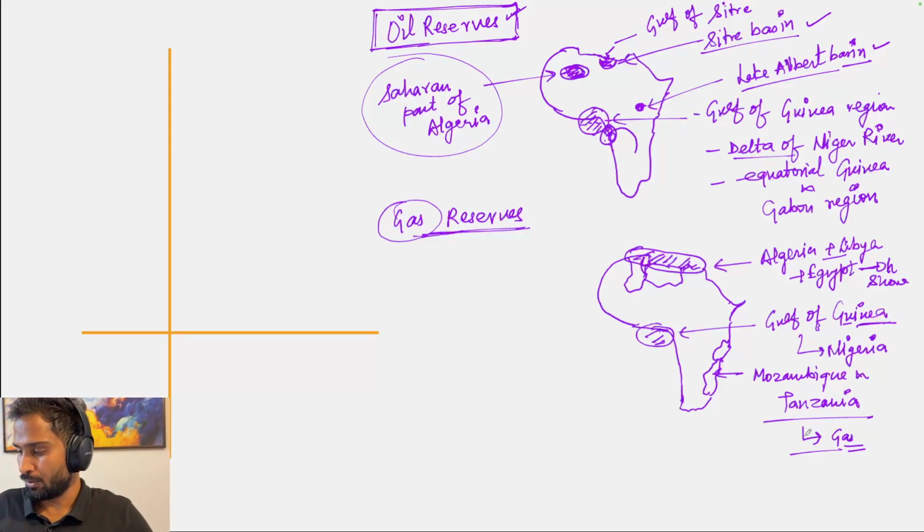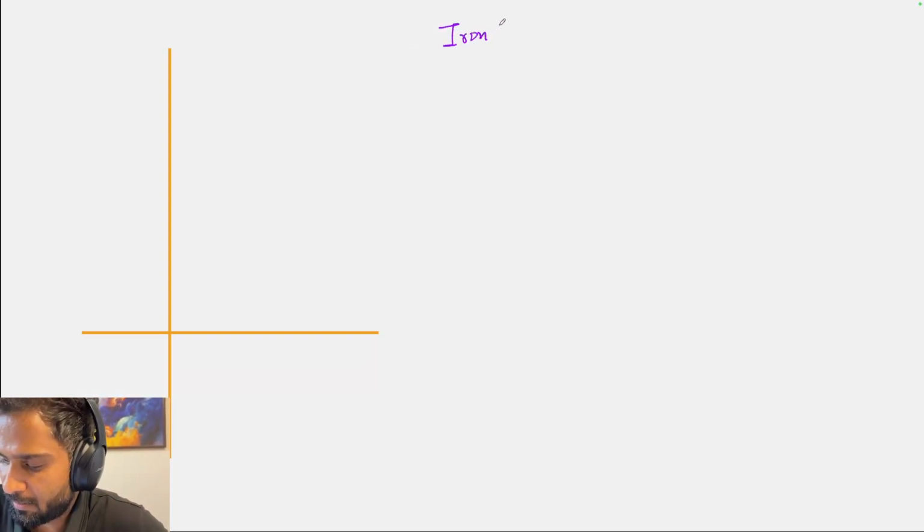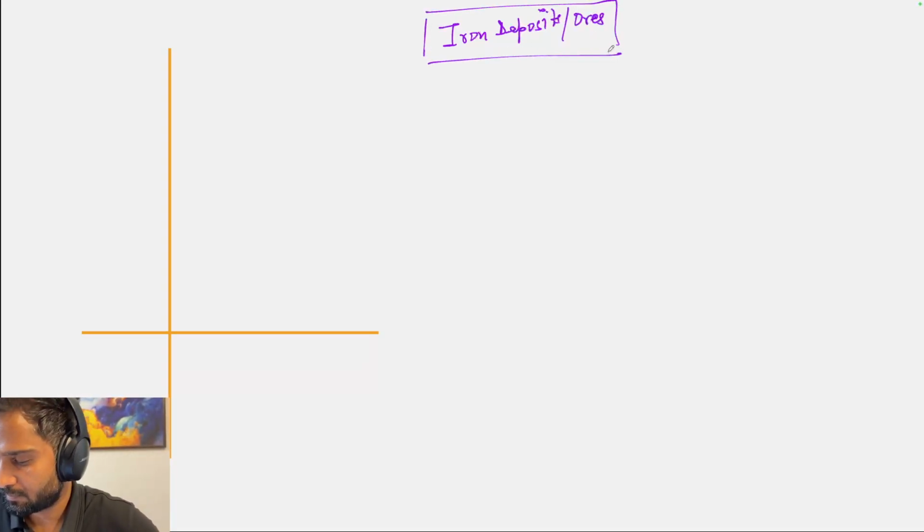Okay, so these are the important areas where we have the energy resources in Africa. Now let's see certain metallic minerals, starting with iron deposits, iron ores. So again we'll draw the map.